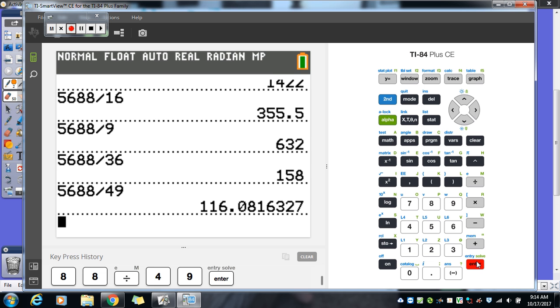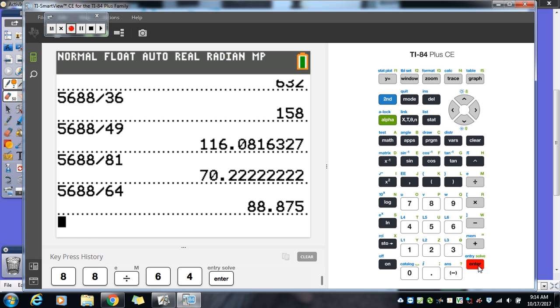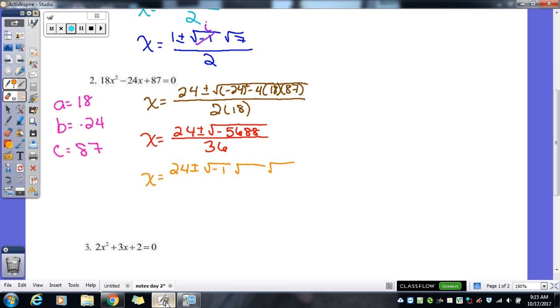Somebody said 49. Nope, 49's a no-go. Let's try 81. Nope, 81's a no-go. Let's try 64. Nope, 64 is a no-go. So it's going to be 36 and 158.